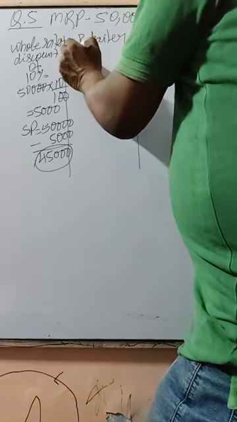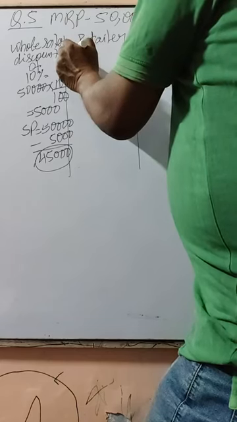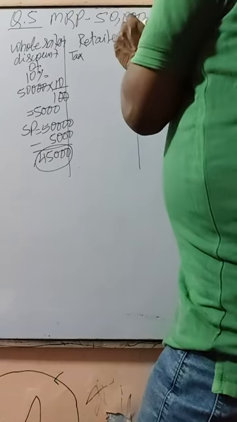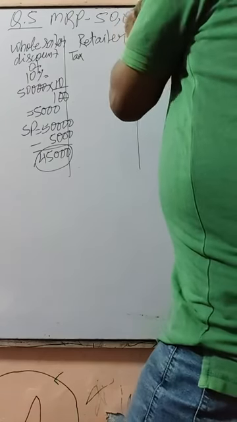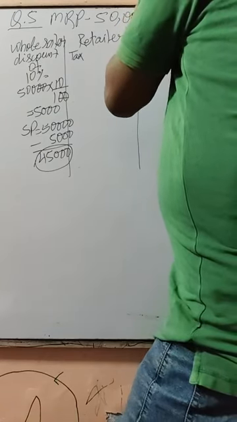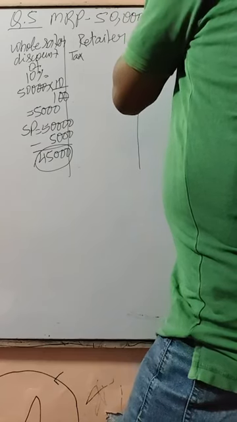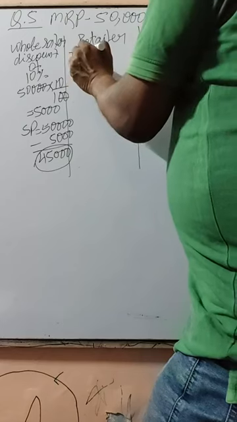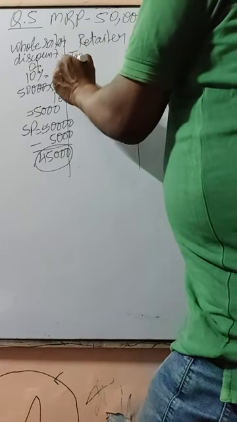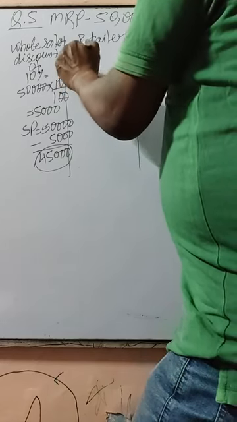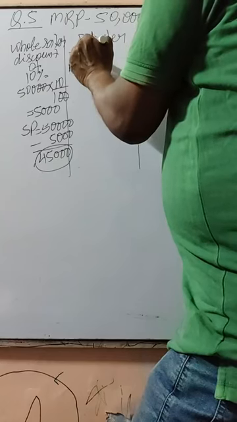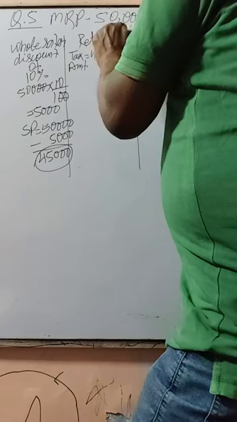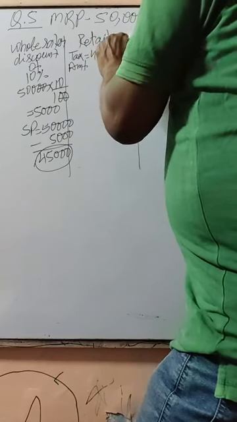Now tax, GST, how much GST is there? 18% GST. Right? So tax amount is equal to 45,000 into 18 upon 100.